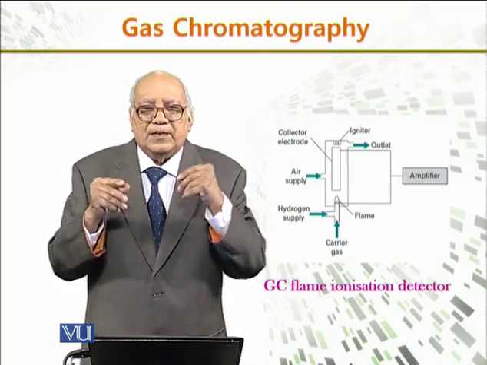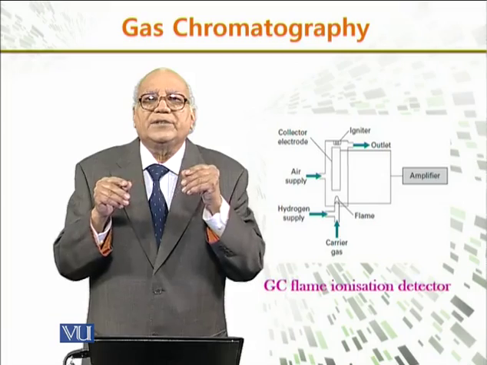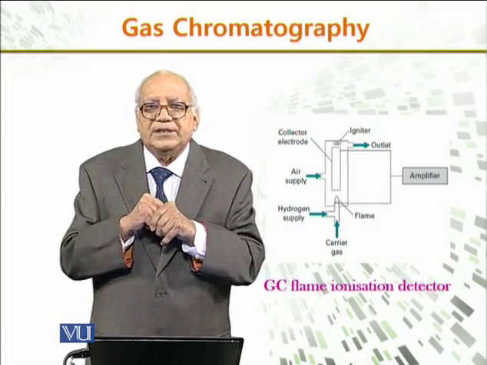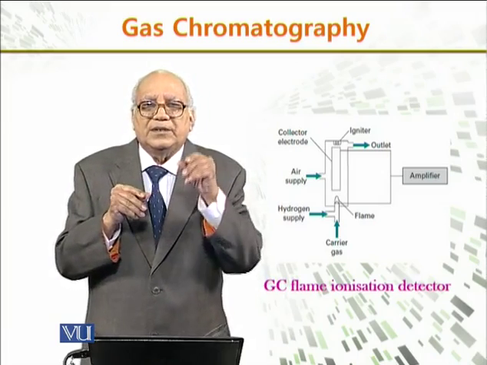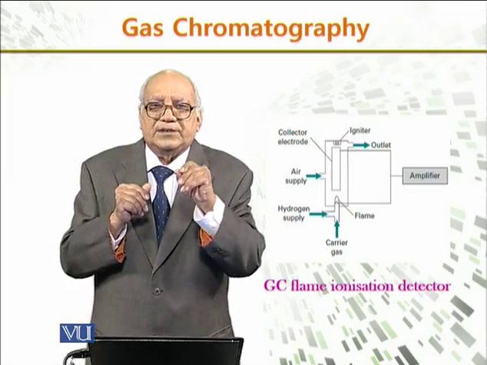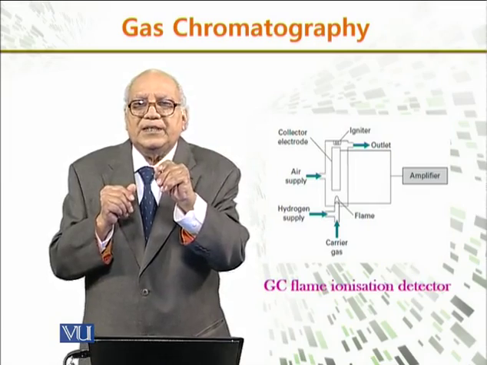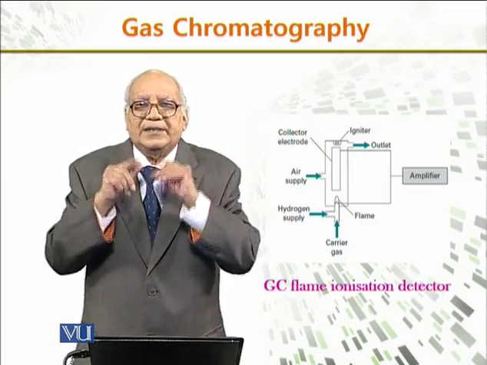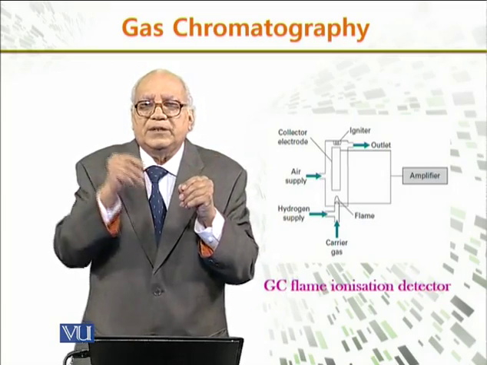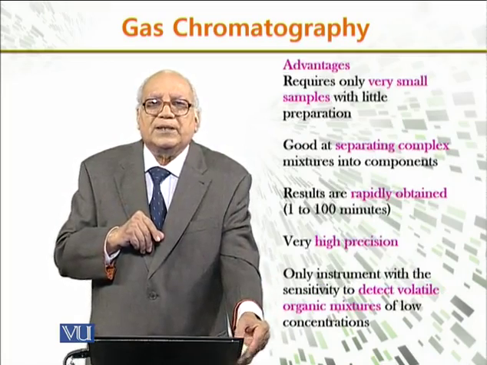Now, in this diagram, the gas chromatography flame ionization detector is indicated, showing how it operates. There is an air supply, there is a hydrogen supply, and the flame is there, and then there is a detector which detects the compound and gives the amplification to a computer.